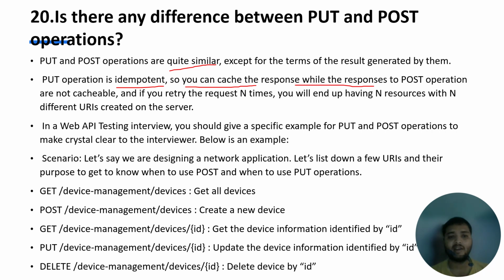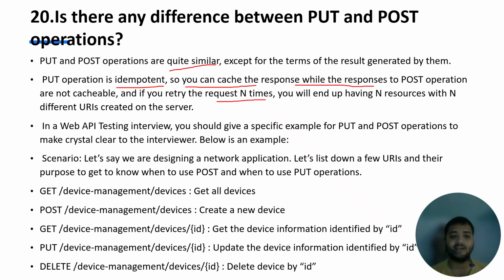And if you try to request n times, you will end up having n resources with n different URIs created on the server. In a web API testing interview, you should give a specific example of PUT and POST operations to make it crystal clear to the interviewer. Below is the example.